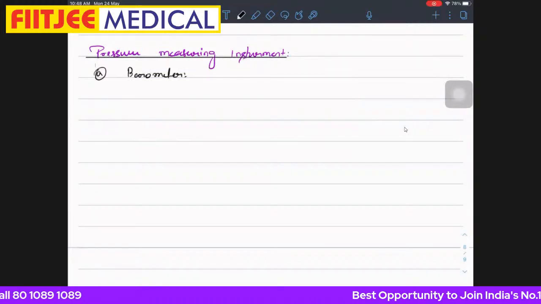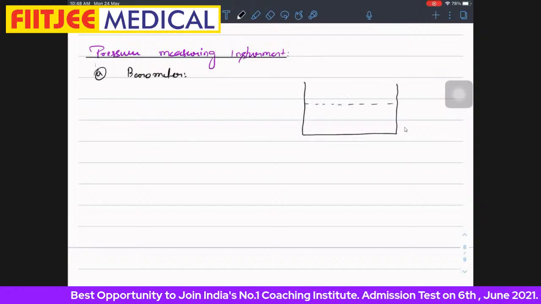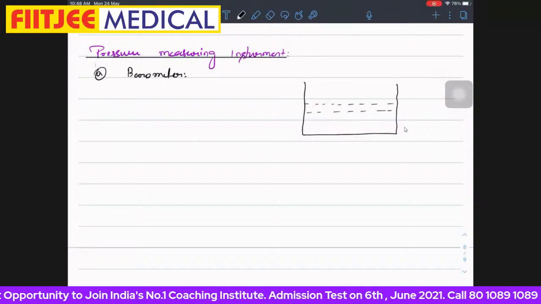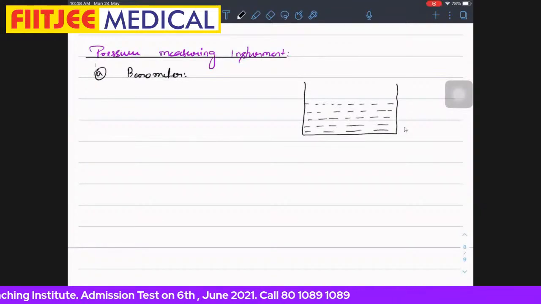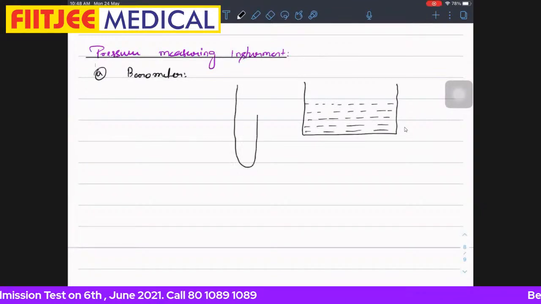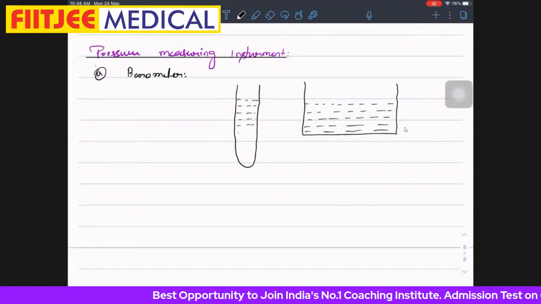So what is a barometer? A container is there. In this container, suppose some liquid is there. How did they construct this barometer? Here also they put mercury.